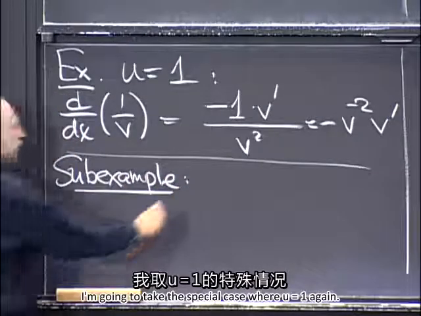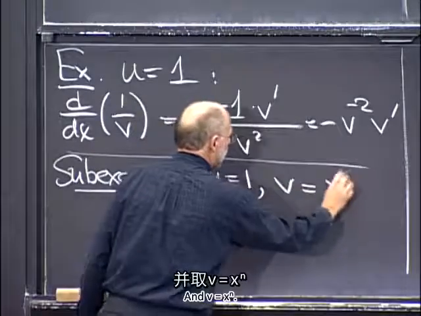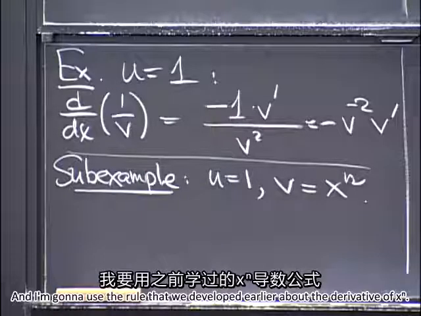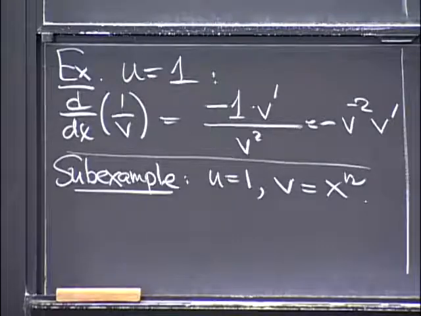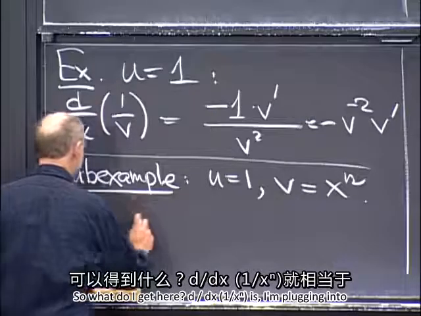I'm going to take the special case where u is equal to 1 again, and v is a power of x. And I'm going to use the rule that we developed earlier about the derivative of x to the n. So what do I get here?